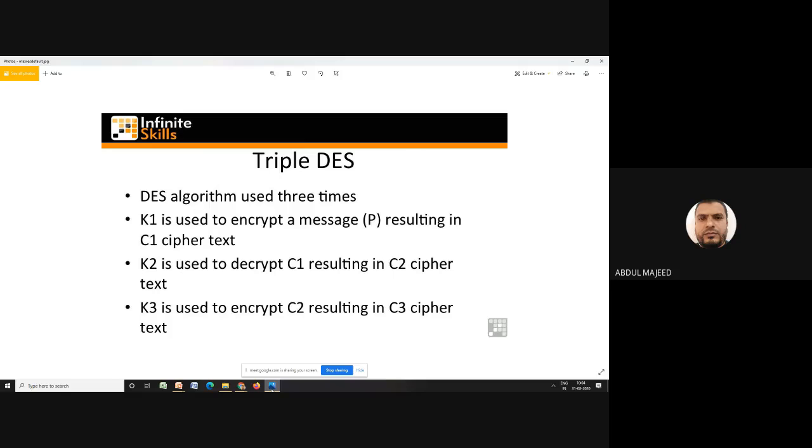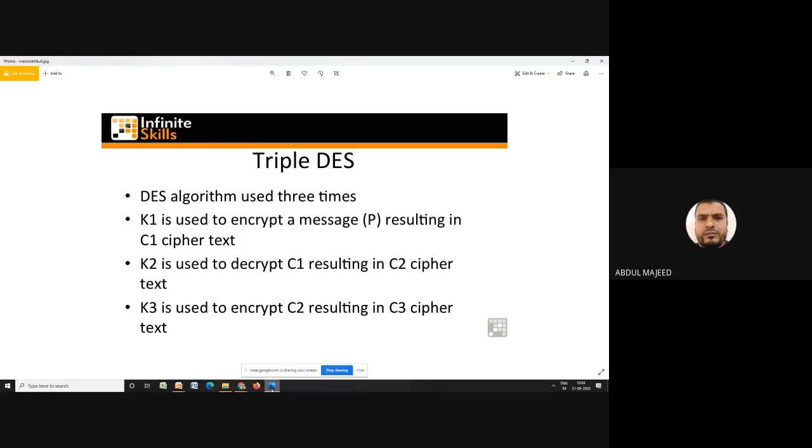If C1 is getting decrypted, you would think it should produce P. But not, because here we are changing the key to K2. So the key is changing, which means the output will not be the same. The output will be somewhat different. That's why we have given that output as C2, another ciphertext.